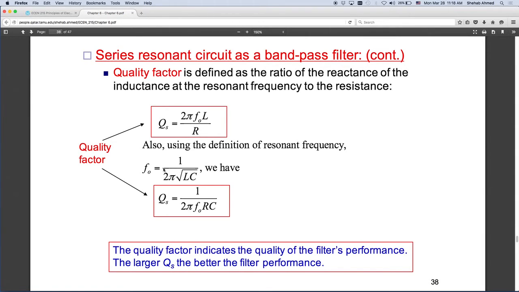Because L is actually in the denominator of your resonance frequency, so you would like this quality factor to be as large as possible. Time constant: remember, the time constant of the circuit was tau equal to L over R, right? You would like the time constant to be as small as possible. You want a large quality factor for sure.